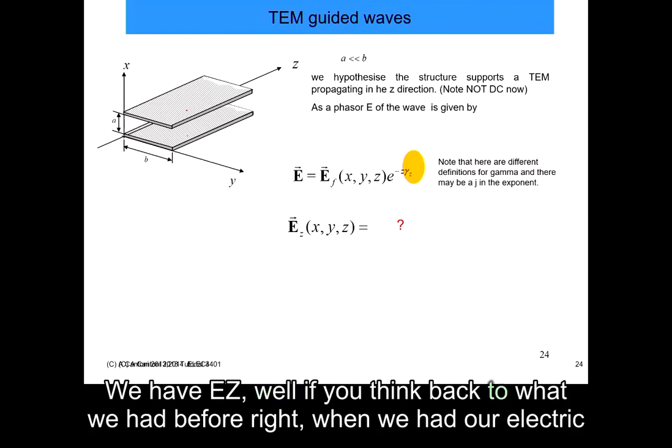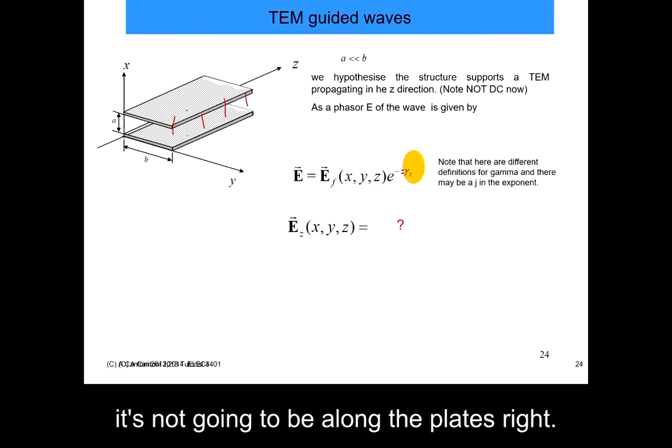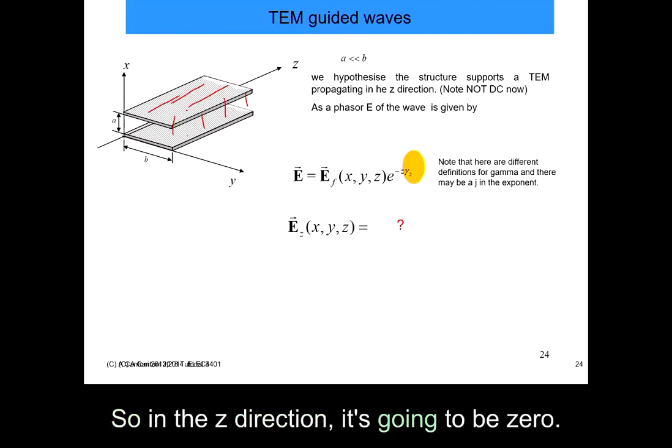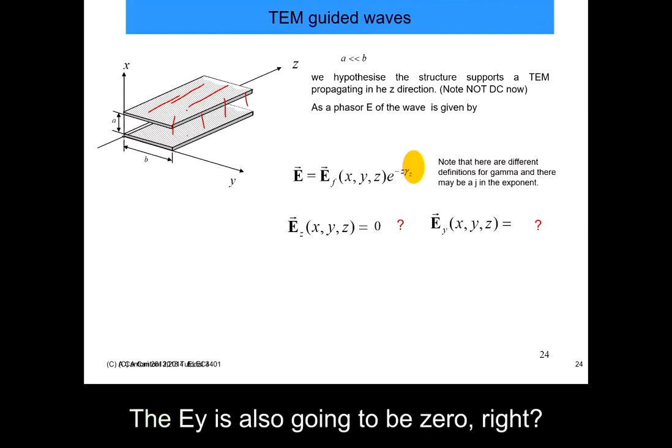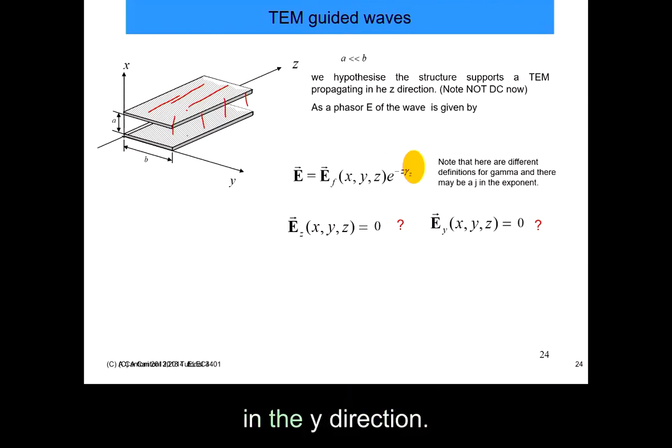Well, if you think back to what we had before, when we had our electric field and we had attached our battery to it, the field is only between the 2 plates, right? It's not going to be along the plates. So in the z direction, it's going to be 0. The E_y is also going to be 0, right? Because it's a transverse wave. There can't be any E_y component if it's transversing only in the y direction.